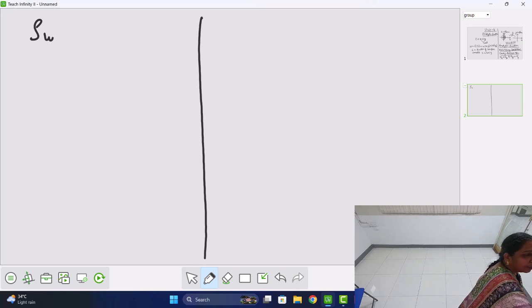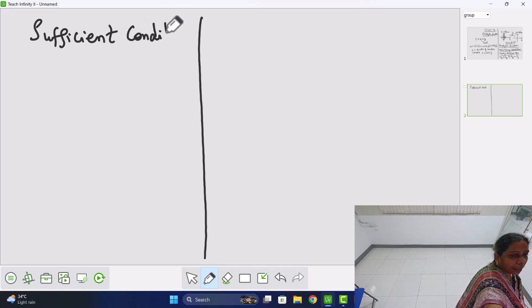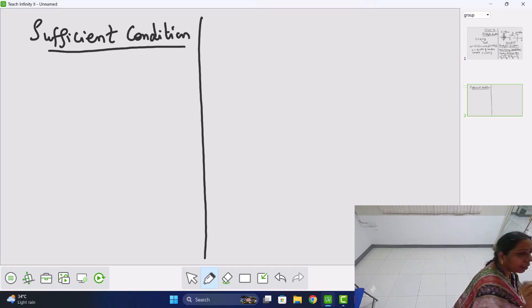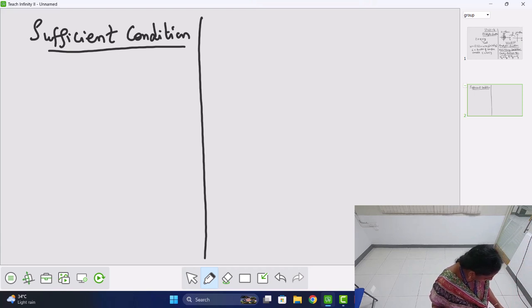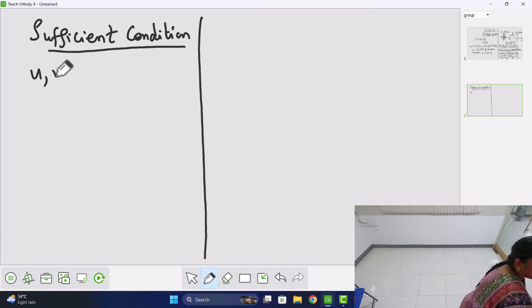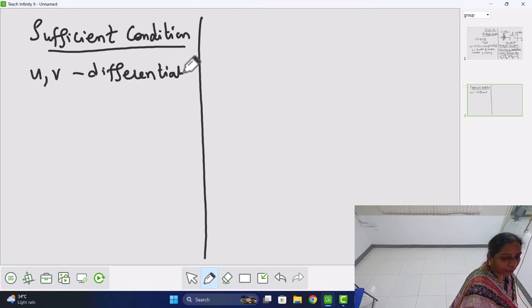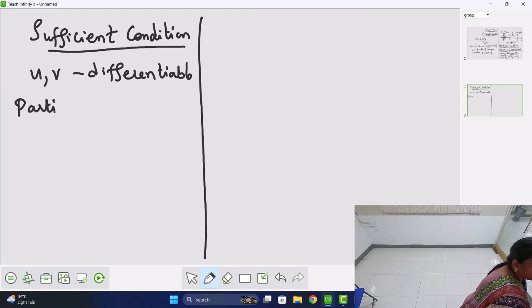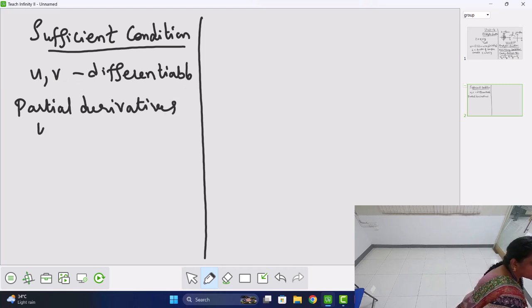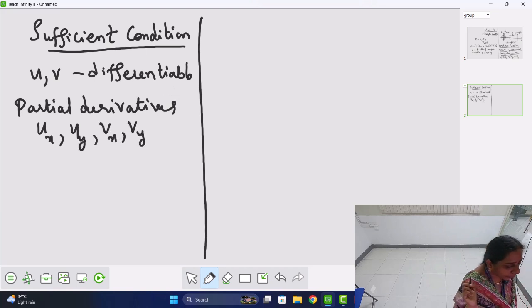The sufficient condition is that the functions u comma v should be differentiable, and moreover the partial derivatives ux, uy, vx, vy should all be continuous.